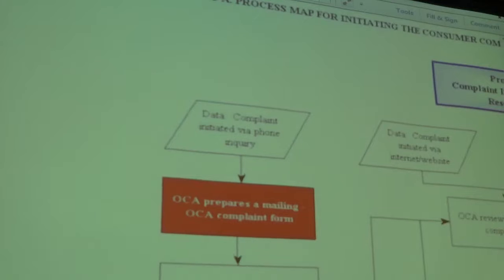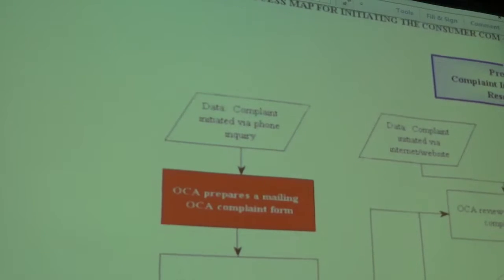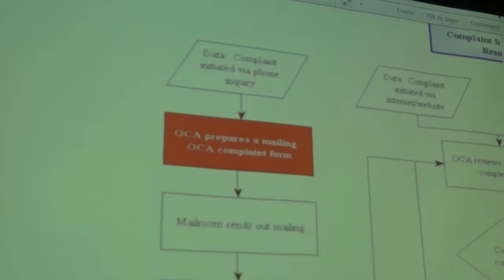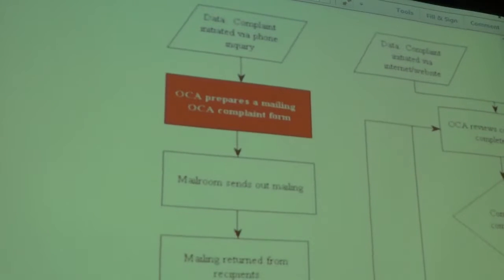If a complaint is issued on a phone inquiry, the Office of Consumer Affairs prepares a mailing of the complaint form. Once the complaint form is prepared, the mailroom sends out the mailing to the individual who started the complaint by phone inquiry.